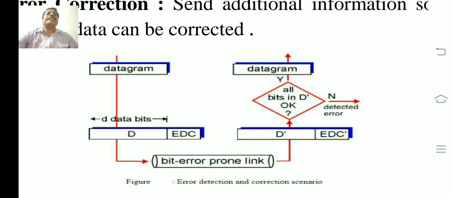While the data is traveling, errors may occur, and these can be detected at the receiver side. The data and error detection bits are checked again. If all the bits in the data are okay, the data is accepted; otherwise it is rejected.